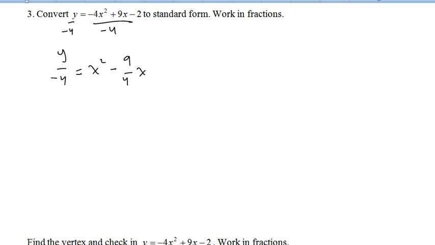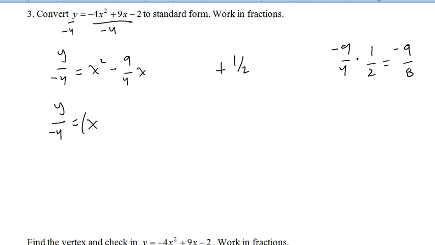And again, save myself a bit of time, write the plus 1/2 over here. Okay, so I need half of -9 over 4. So -9 over 4 times a half equals -9 over 8.